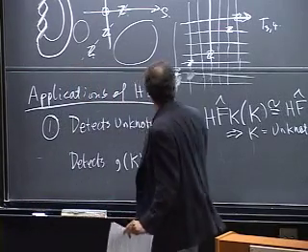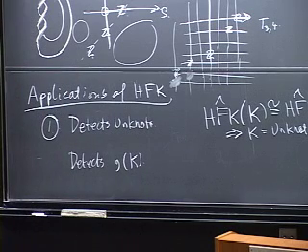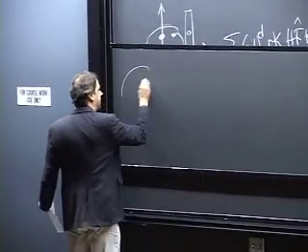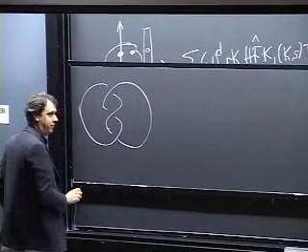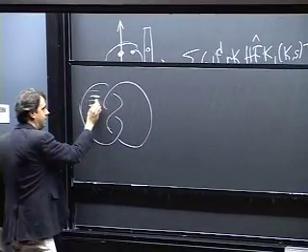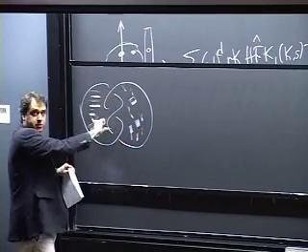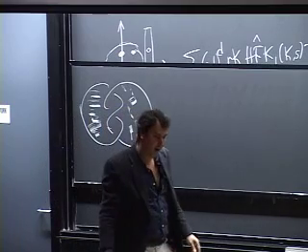Let me just recall. If you have a knot in the 3-sphere, then that knot can be thought of as the boundary of an oriented surface called a Seifert surface. So for example, for the trefoil, one can construct 2 sheets of paper and glue them together by strips, and in this way we have an oriented surface whose boundary is the knot.